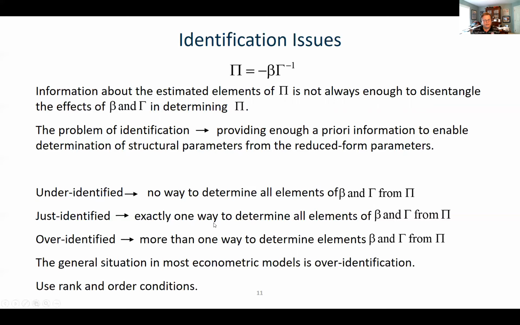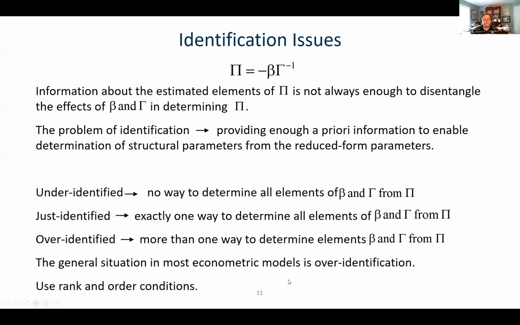If there's exactly one way to determine all the elements of beta and gamma from the reduced form coefficients, we call that just identified. And if there's more than one way, often the typical case, to determine elements of the structural parameters from the reduced form parameters, then we call this an over-identified system.